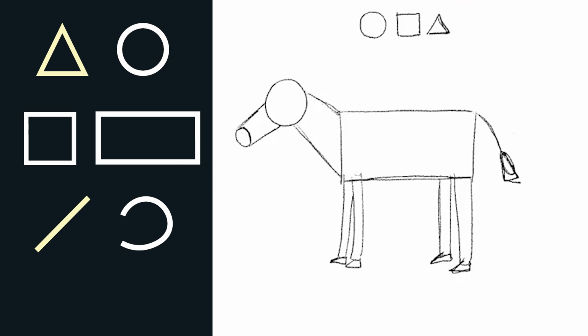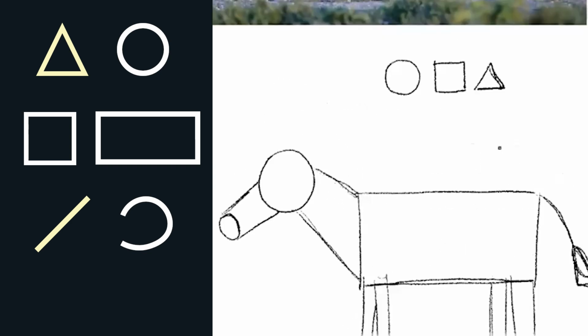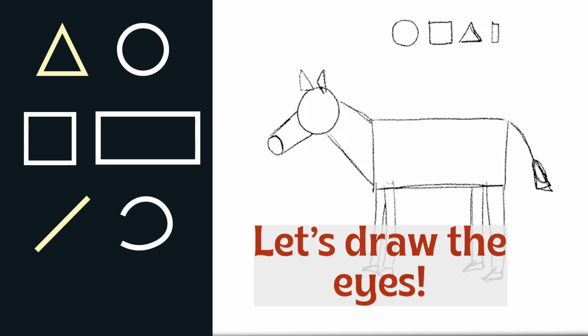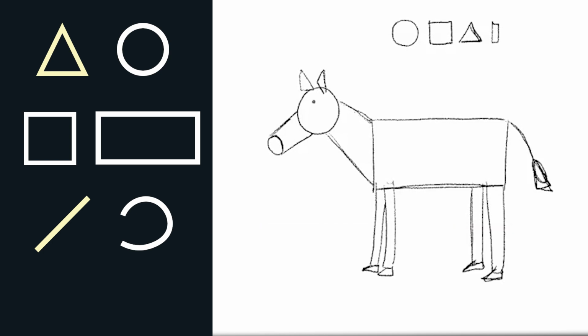That sounds good. And how do we draw the ears? What kind of shape do we use for the ears? Yeah, okay. So use a triangle. Okay. All right, let's finish off the head. What are we missing on the head? So what shape should we draw for his eyes?